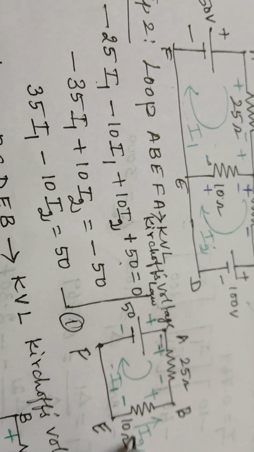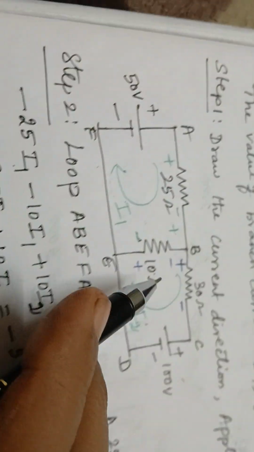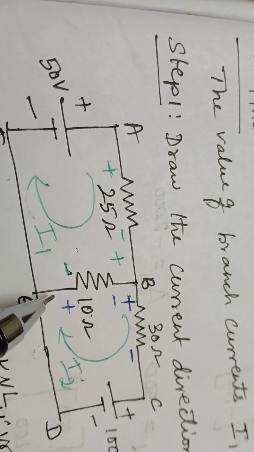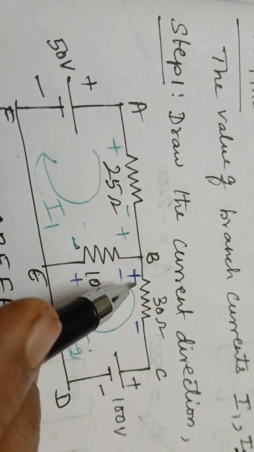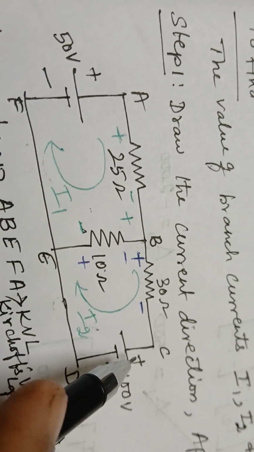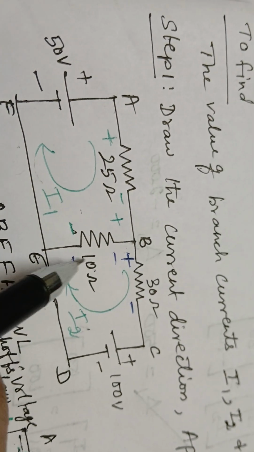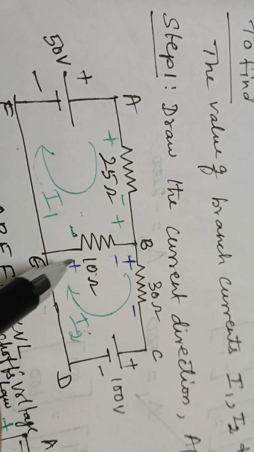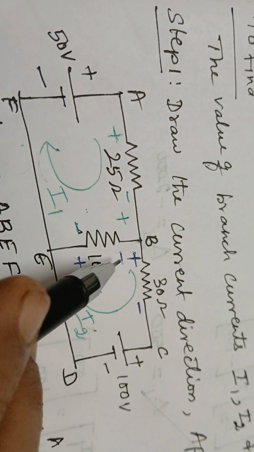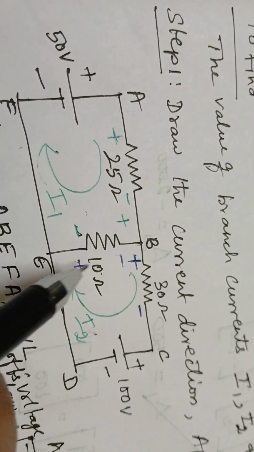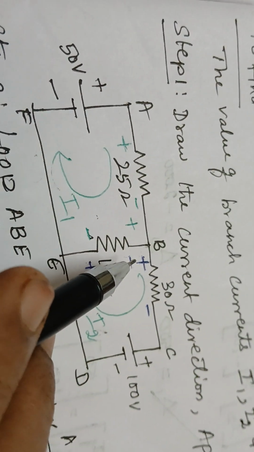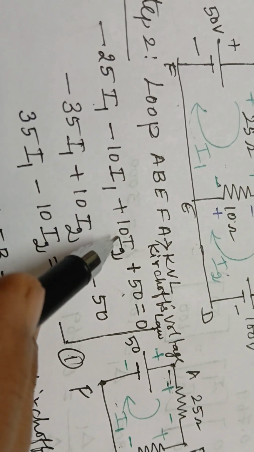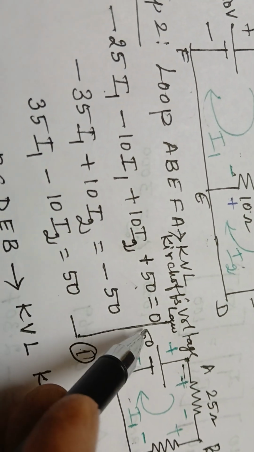When we take the current I2 in this loop, the current enters plus to minus, so here it acts as a potential rise. So here we have written plus 10 into I2 plus 50 is equal to 0 in the equation.